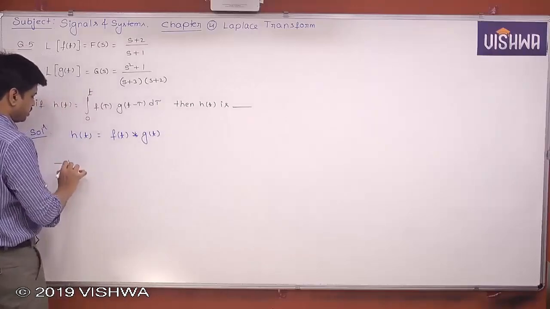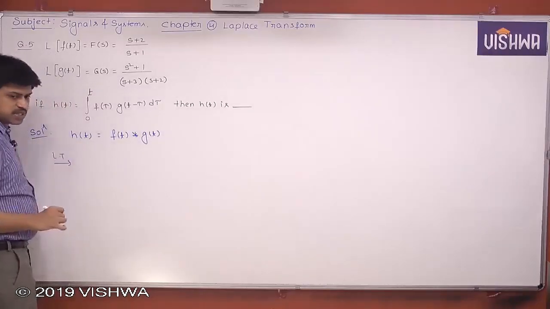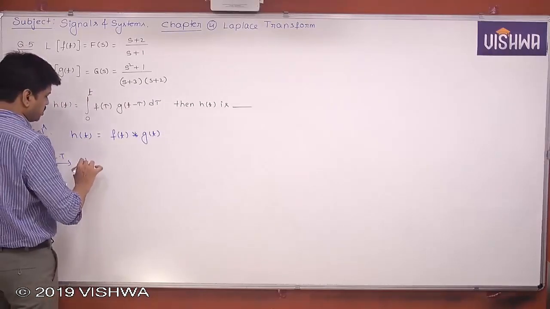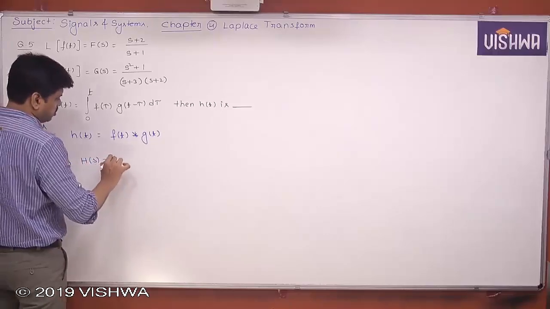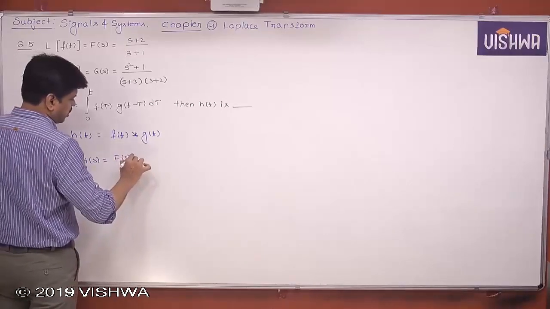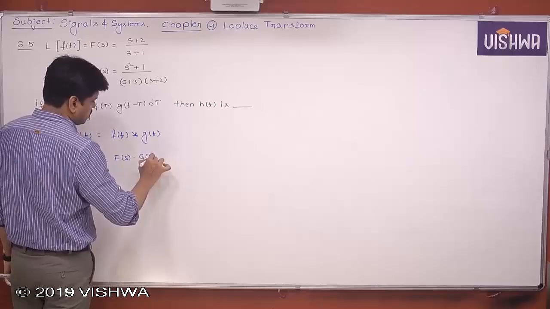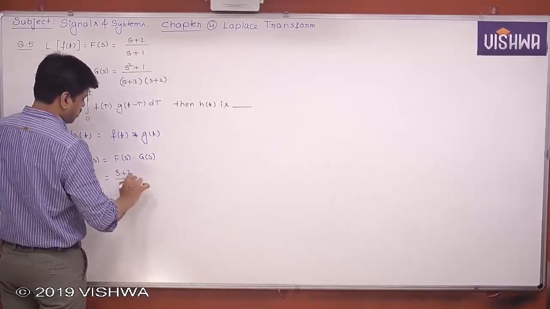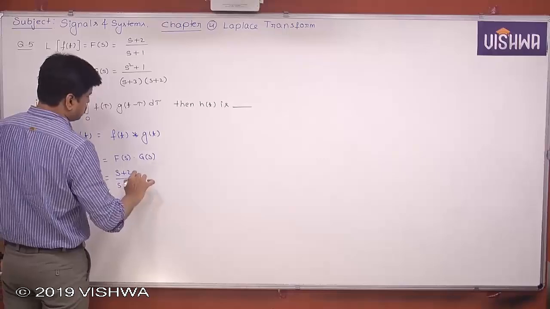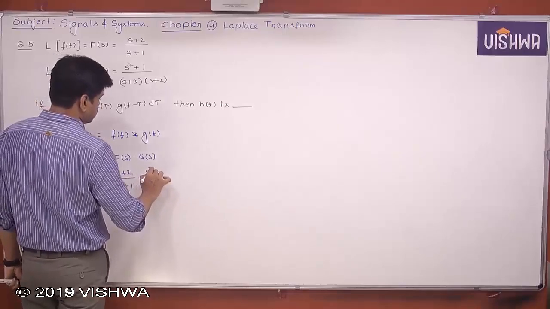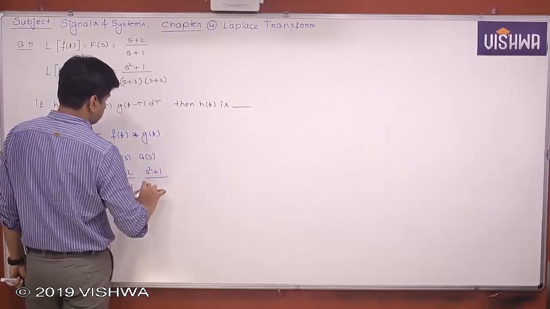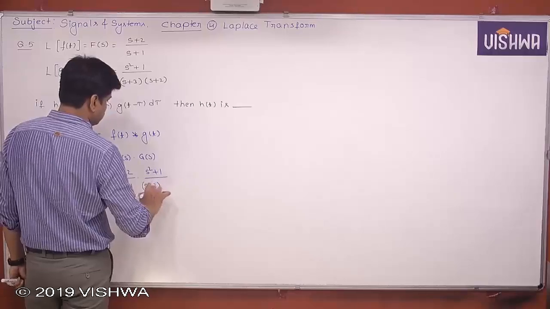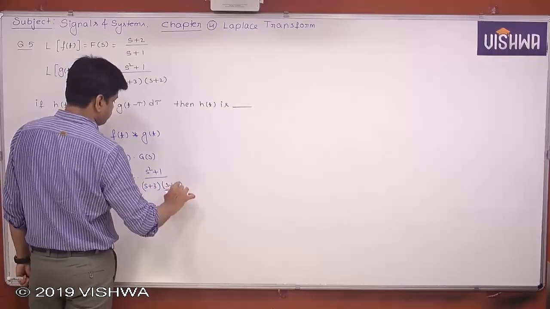If I take the Laplace transform on both sides, then H of s is equal to F of s multiplied with G of s. We know F of s is (s plus 2) by (s plus 1) multiplied with (s square plus 1) by (s plus 3) into (s plus 2).